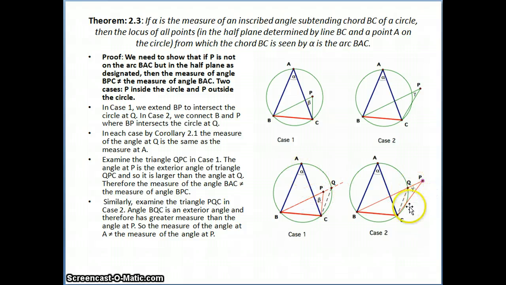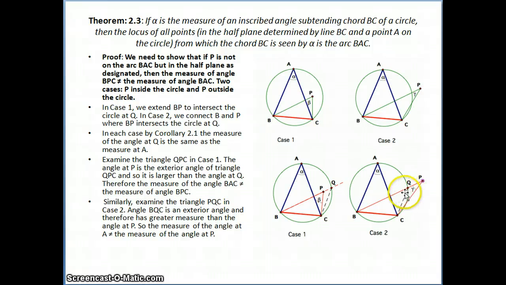Similarly, in the other case, we focus on the triangle PQC with one dotted side. The angle BQC is the exterior angle of this triangle. Q is on the circle, so BQC is an inscribed angle, and angle A is an inscribed angle.